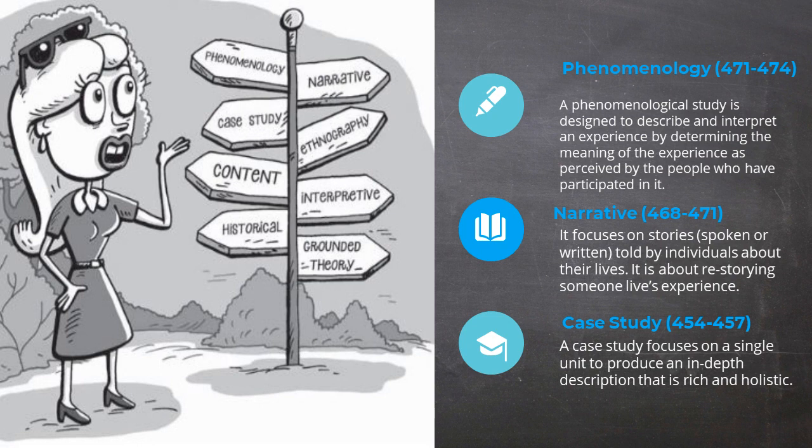Okay, so I hope the first three types of qualitative research are understandable, even though it's brief. Later on, you can have a look at the book. I provide the page number and also some searching.